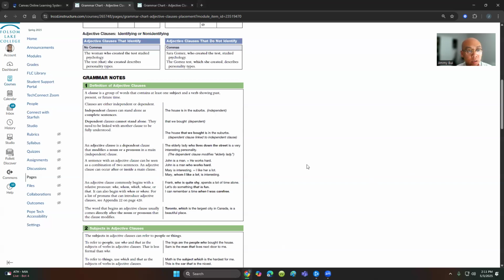That's just a clause. Now, what an adjective clause does is it adds information to a noun or pronoun, giving it more information. Usually, an adjective clause is a dependent clause, meaning that it cannot stand or exist alone.